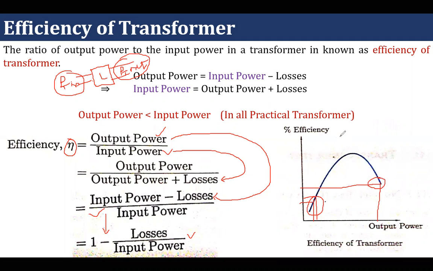So where efficiency in a transformer will be maximum, it will be around 80 to 90%. If we are loading the transformer between 80 to 90% of the full load, that time efficiency will be maximum. And this kind of situation is also true for power converter.